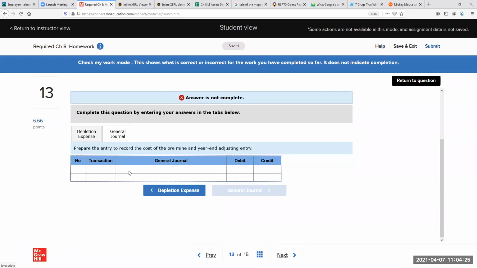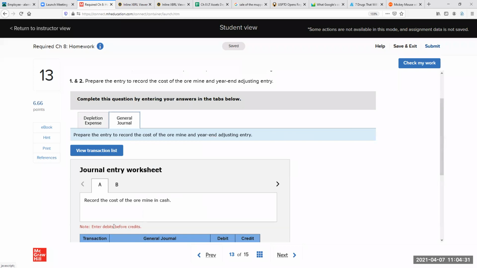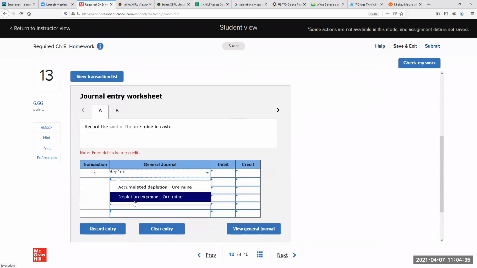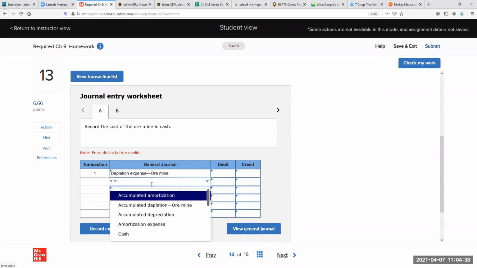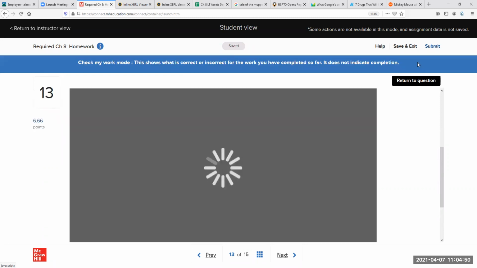It's depletion. It's not depreciation. It's called depletion. Okay, depletion expense. You're depleting the resources, and it's accumulated depletion. Okay, and for that number, it's based on how many tons of ore you pulled out of there.